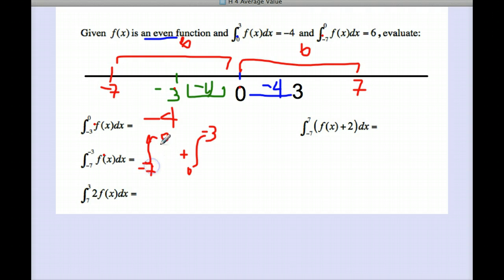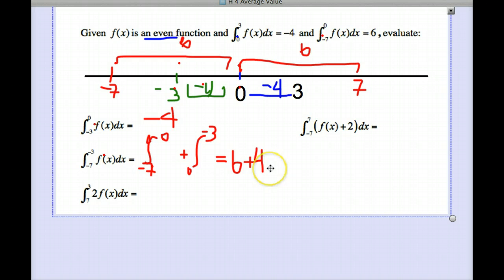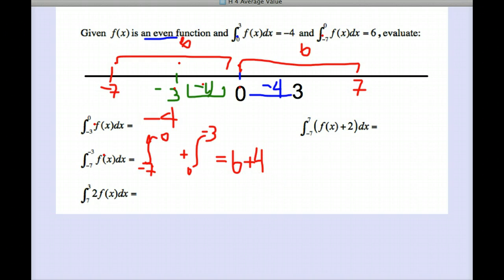Well, -7 to 0 we know is from here to here, which is a +6. And then I have to go from 0 to -3, which means my answer is -4, but since the direction changed, I have to change the sign to give me a +4, which gives me a total area of 10.